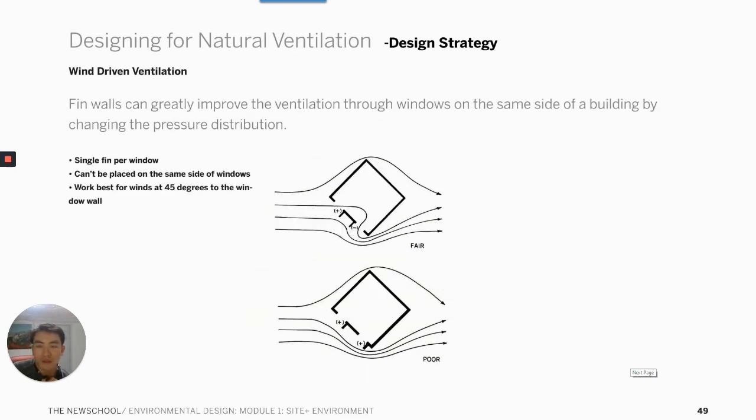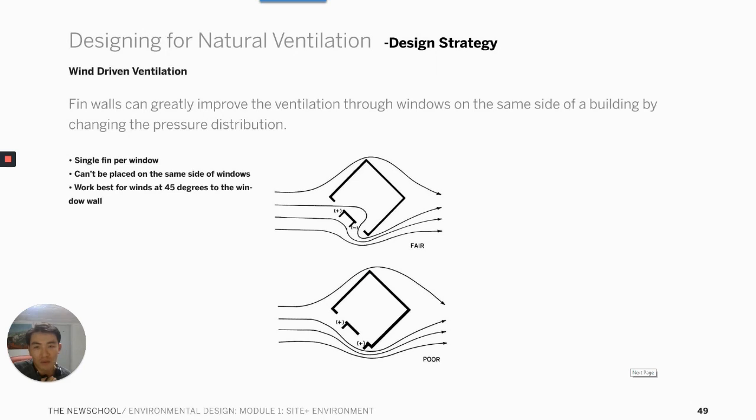You can locate a fin in a strategic manner in order to fix some of these conditions where wind will not go into the building. The upper case shows a good example. By locating a fin on one side of one window and on the other side of the other window, you created a positive wind pressure coefficient for the left side window and a negative pressure coefficient for the window on the right side.